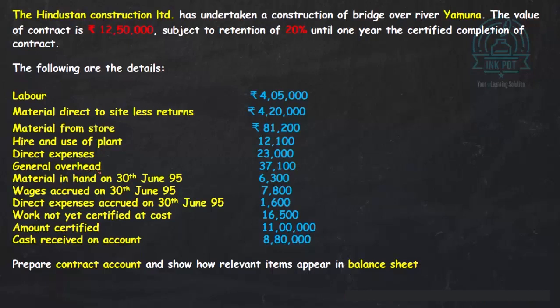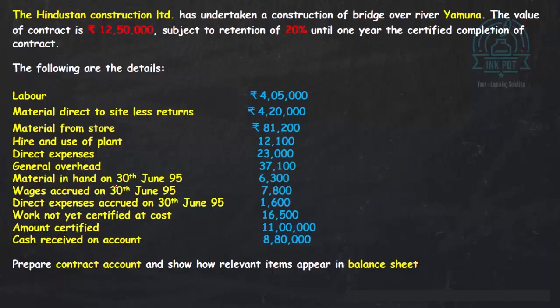Labor 4,05,000. Material direct to the site less returns. So 4,20,000 is the material from store. Even if we are getting material directly to the site or taking material from the store, the total material used will be 4,20,000 plus 81,200. We are given material in hand on 30th June, that is closing material, which will be deducted from the material consumed.